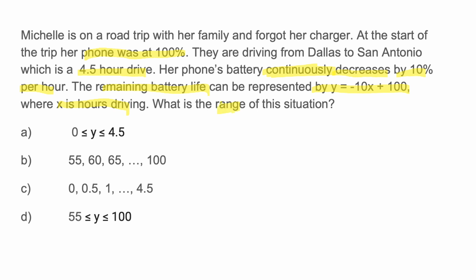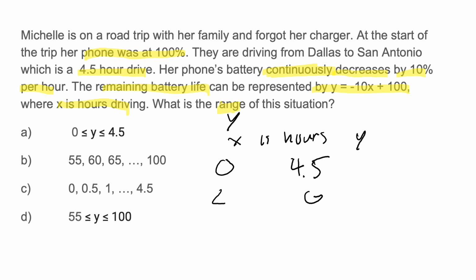So first off, now that we have everything annotated, we know that this is y. We need to list our variables. So x is hours, and we know that they need to drive a maximum of 4.5, so that's our greatest. And I'm assuming that when they start driving, it's at 0, so that's going to be our least.